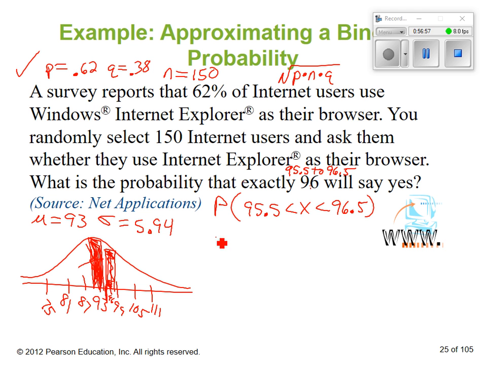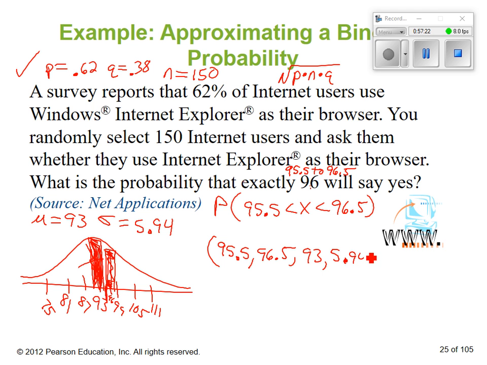So when we punch it in our calculator, what's our low limit? 95.5. What's our high limit? 96.5. What's our mean? What's our standard deviation? That was a 6.